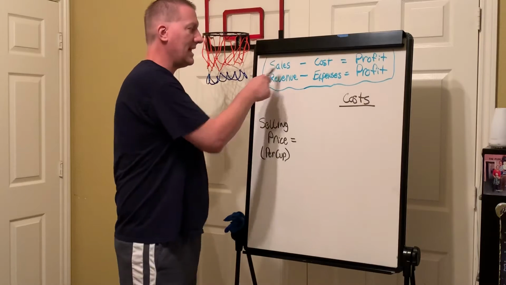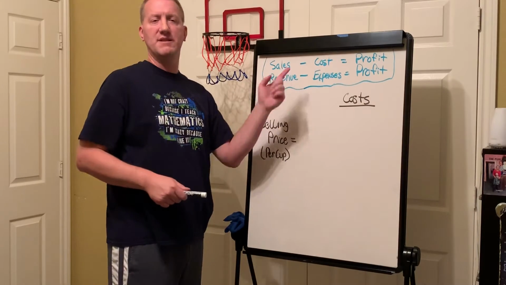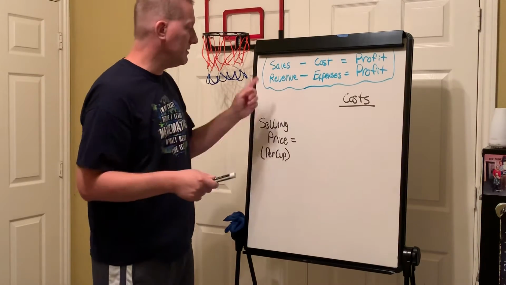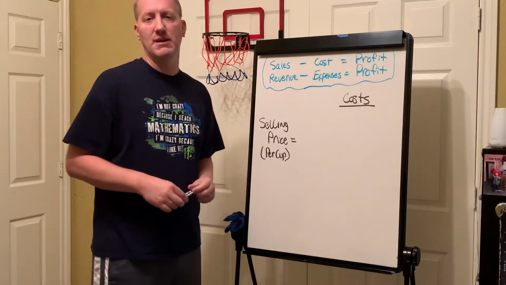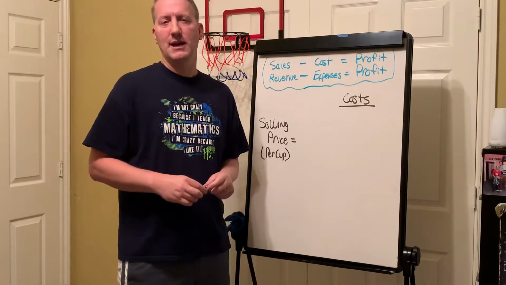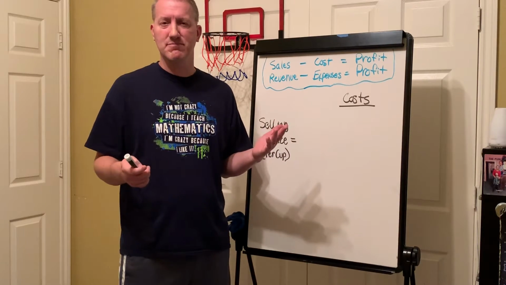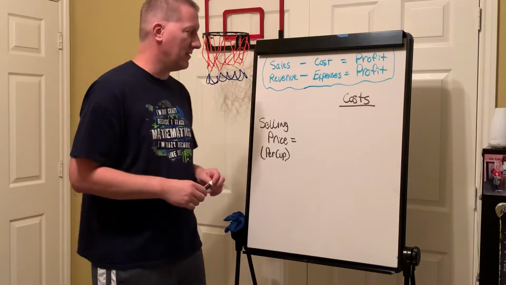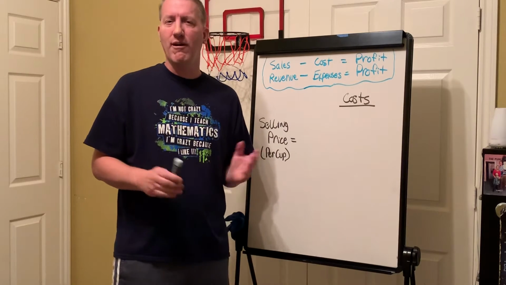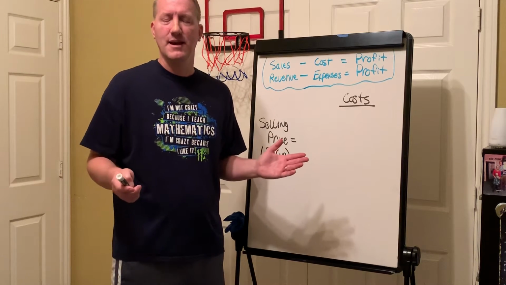Last time I gave you these formulas to find profit, and you can use these formulas in this example. Now this example might seem kind of silly, but it actually works out to be a pretty good example. I think we've all probably done this as kids.